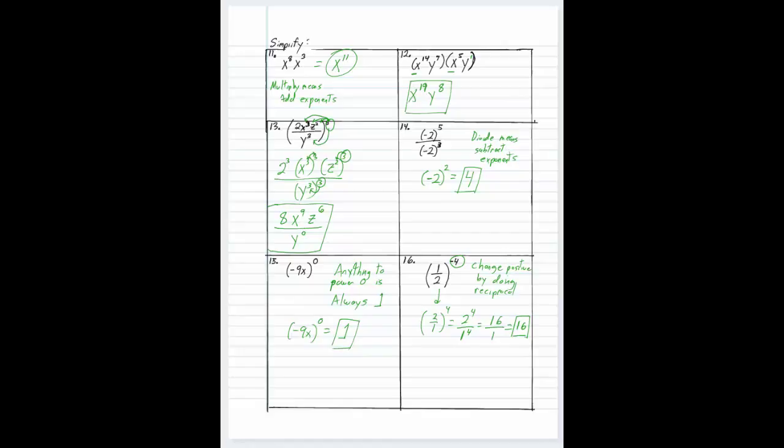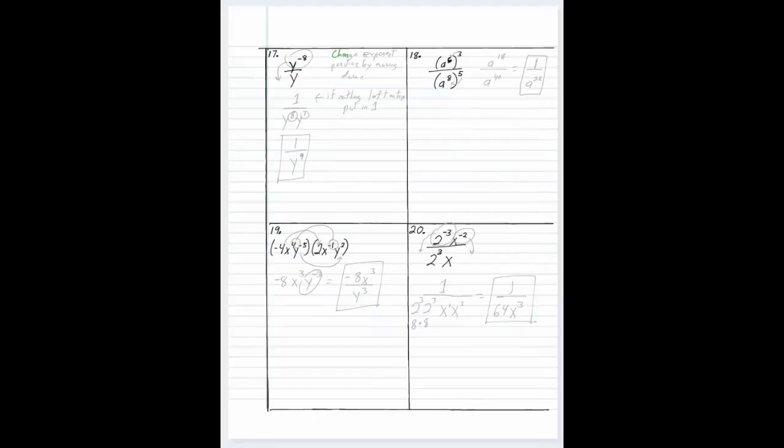Alright, with 17, notice there's a y^-8 only for the top one. Well, we can move it to the bottom. We can change the exponent positive by moving it down. So all of this will come down.